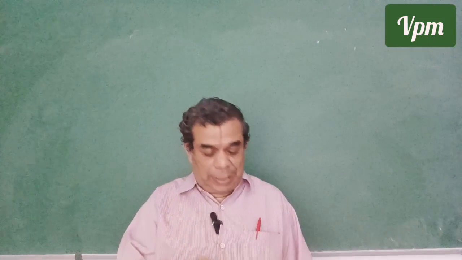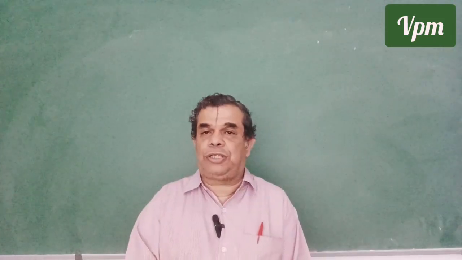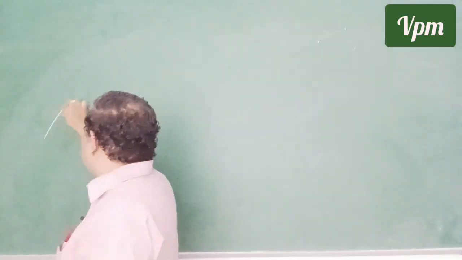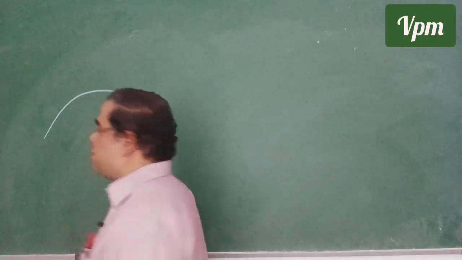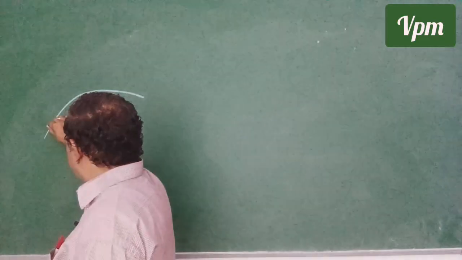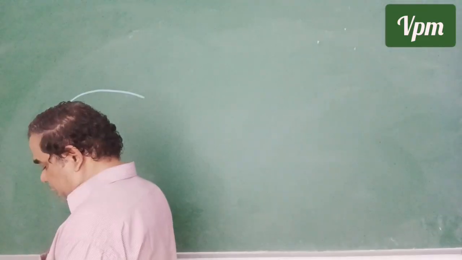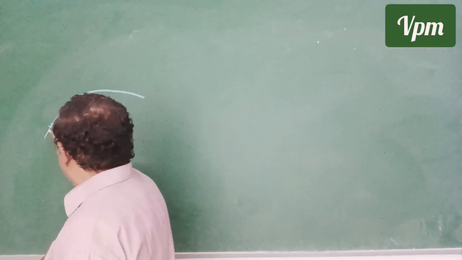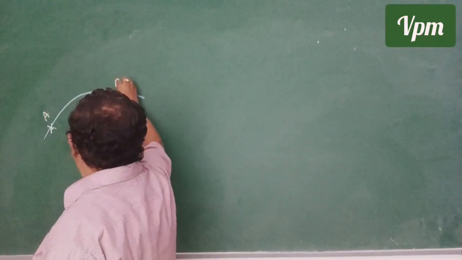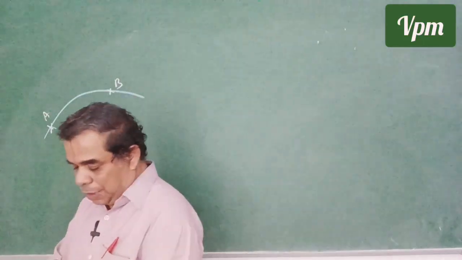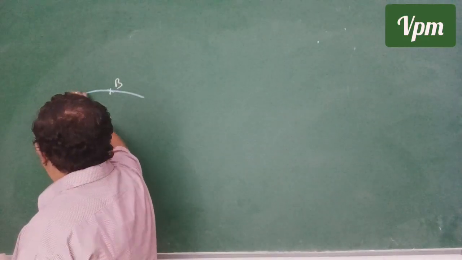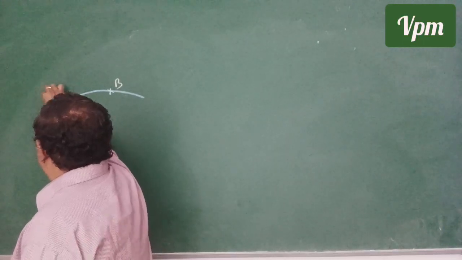Now, we consider this situation. An object is moving, say, on a path like this, I consider 2 points on it, A and B. At A, the velocity will be like this, what we call as VA.